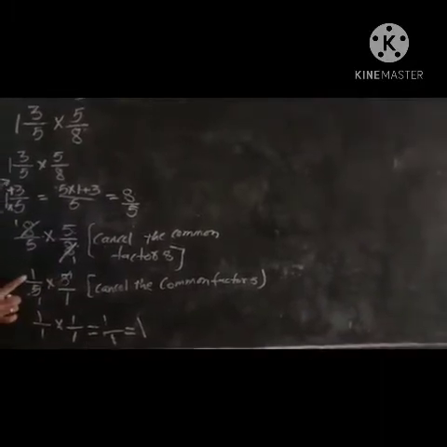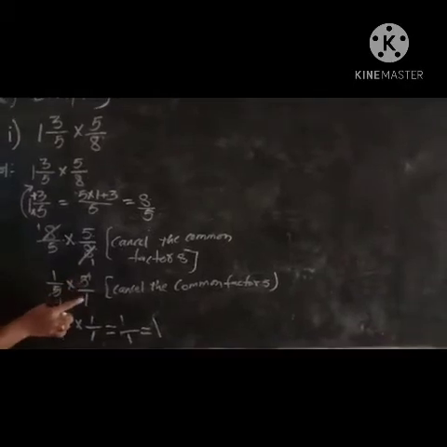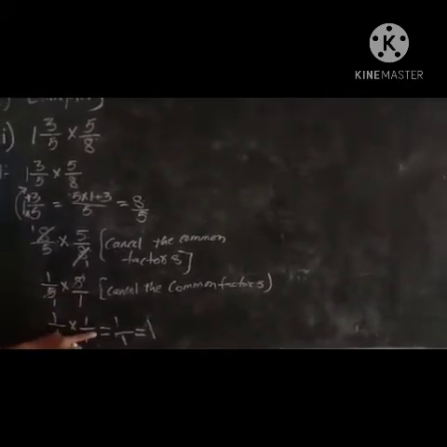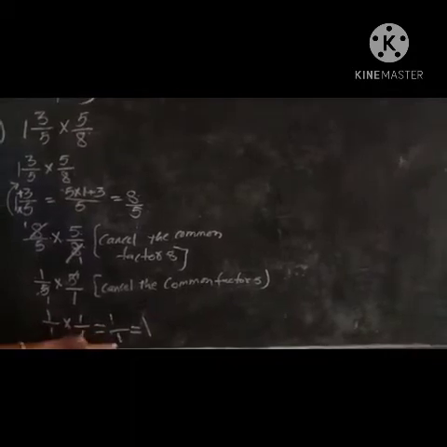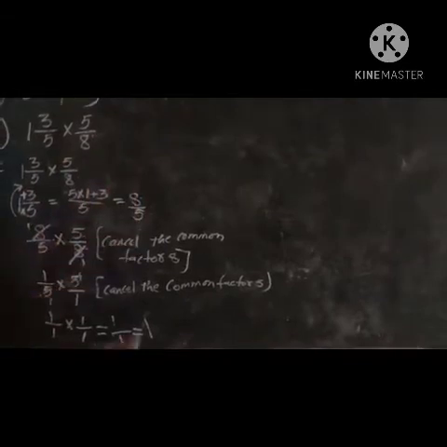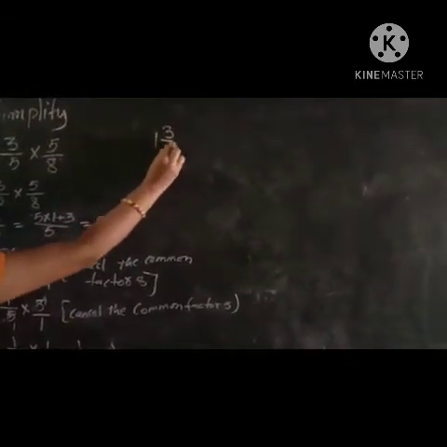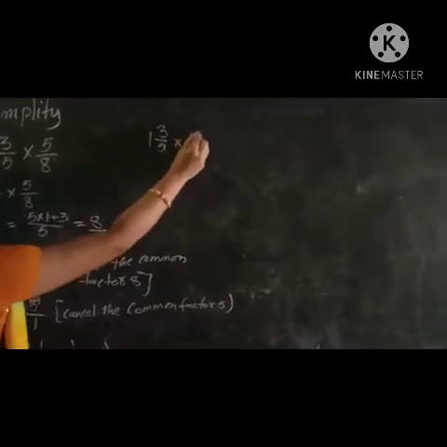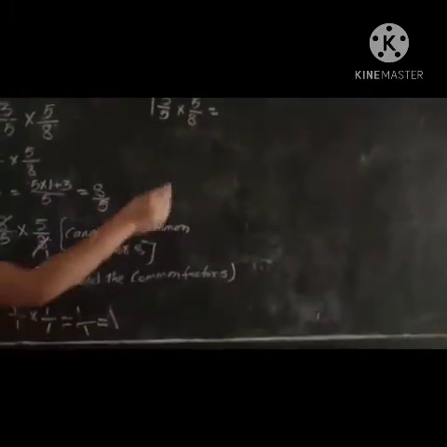So what are the numbers here? 1 by 1, 1 by 1. 1 into 1 is equal to 1. 1 by 1 equals which number? 1. So 1 3 by 5 into 5 by 8 equals which number?